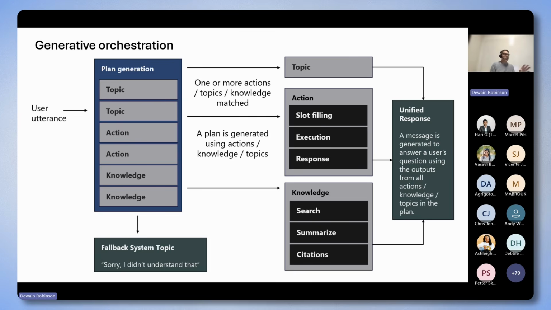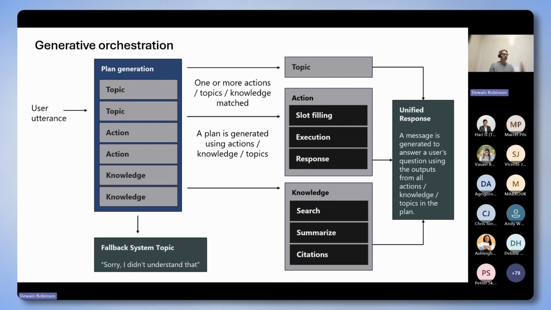So it's going to look at all the topics, all the actions, otherwise known as tools, that are available, all the different knowledge items, and it'll even look at other agents that it has at its disposal. And it will come up and say, here's the plan I need to do. And let's say that it needed to combine a topic, an action or a tool, and knowledge together to be able to answer the request that came in.